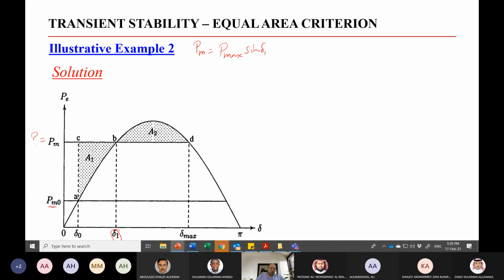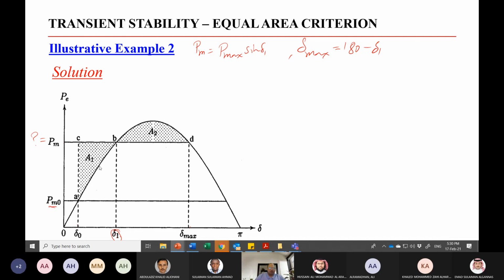Bm0 is known, and the delta 0 is known. So you can get A1 as usual, and A2 is the integration from delta 1 to delta max. And delta max equal to 180 minus delta 1, or delta S in the last example.